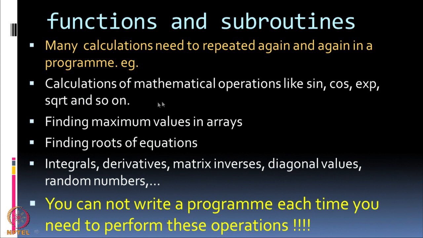Sine, cos, exponential, square root. These are already there in your Fortran compiler. But suppose you want to calculate some Legendre polynomials. These are polynomials which come when you study orbitals. The calculator does not have these functions, nor does your program have that function. So, you will have to write a subprogram which calculates that function for you.